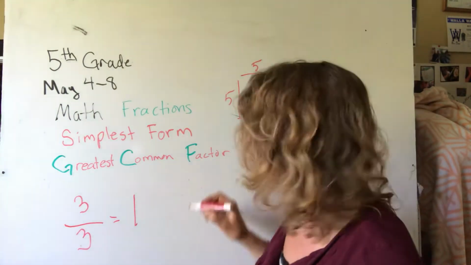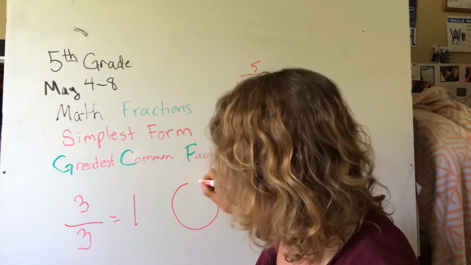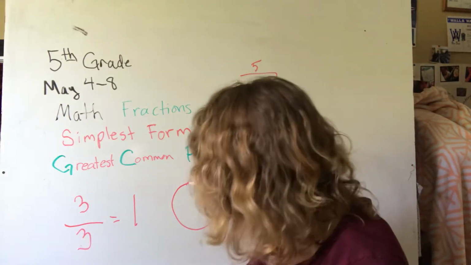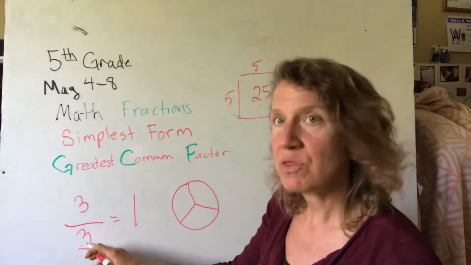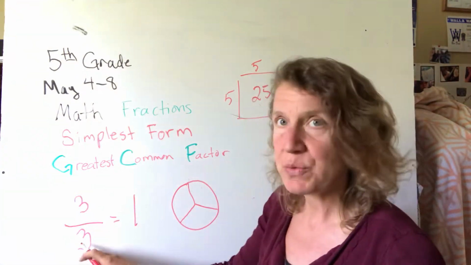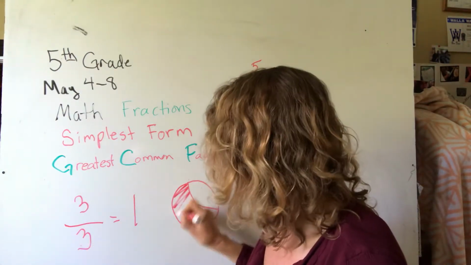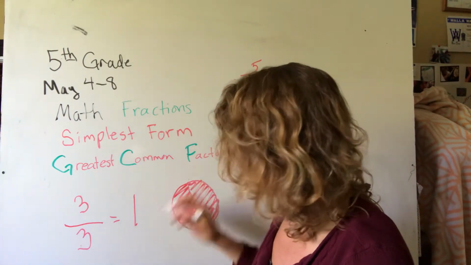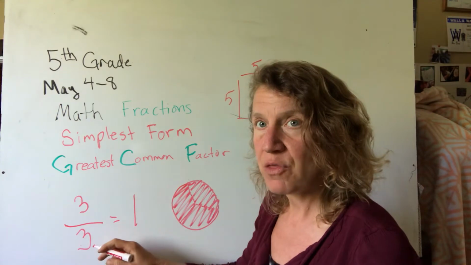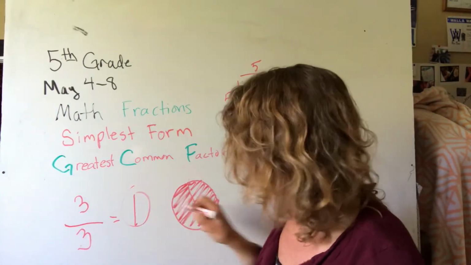That makes sense, right? If you have a circle cut into 3 pieces, so the denominator is 3, and every one of those pieces is shaded, 3 out of the 3 are shaded, then the whole thing is shaded.